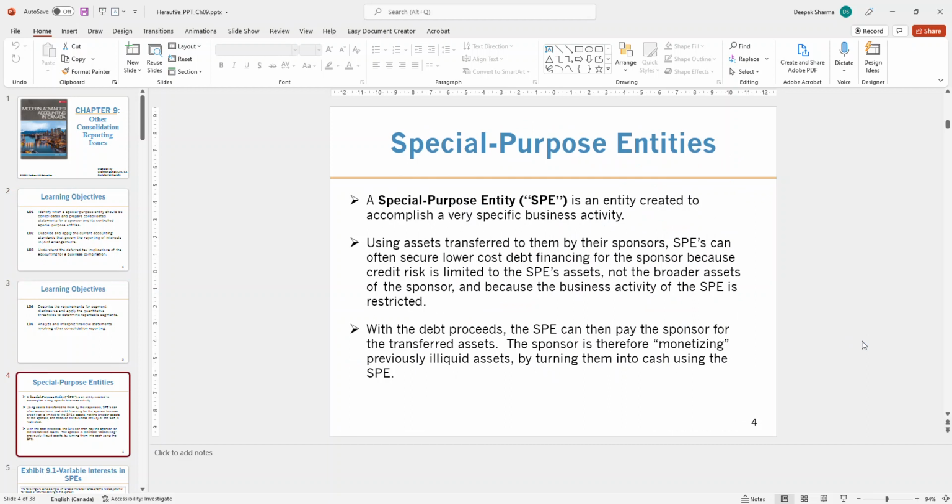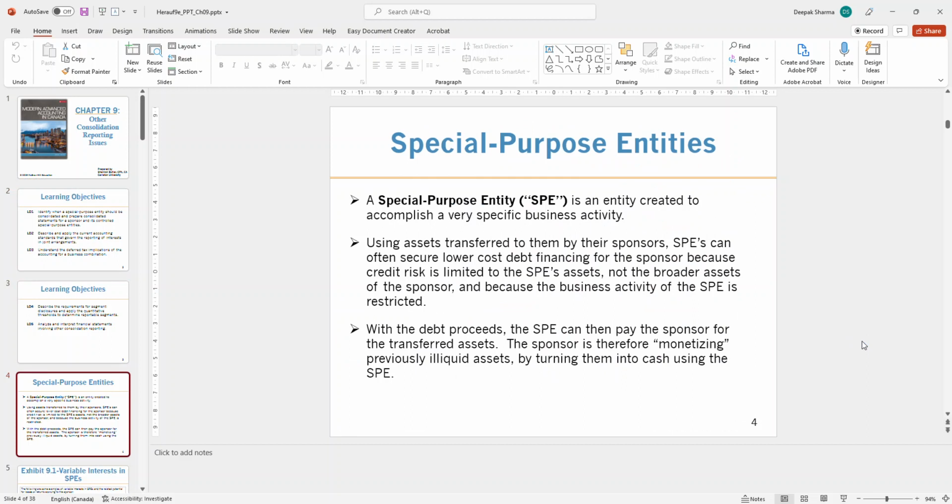First of all, we will start by looking at special purpose entities. This will probably be a new term for you. So what are those special purpose entities?